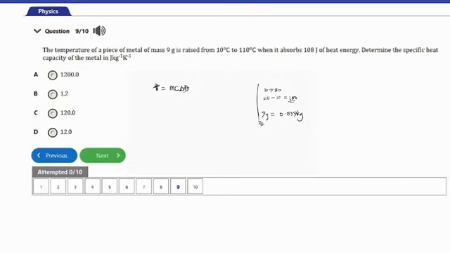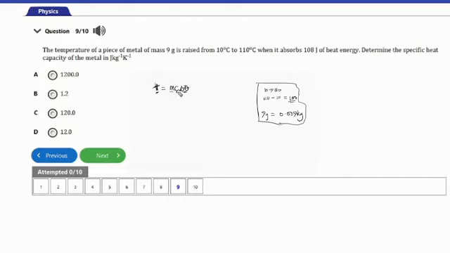So recall that to convert from gram to kilogram, you just divide by 1000. So guys, since we have gotten the mass, we also have the change in temperature, and then we have the heat energy here. So we are looking for C here, that's the specific heat capacity.